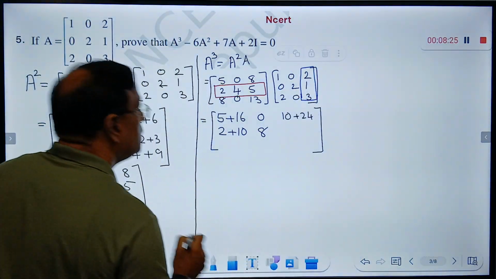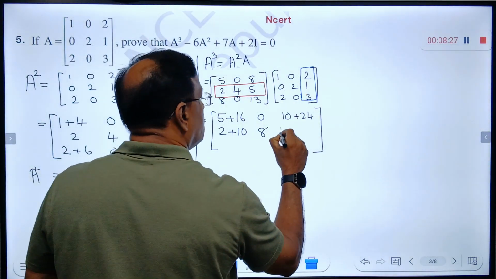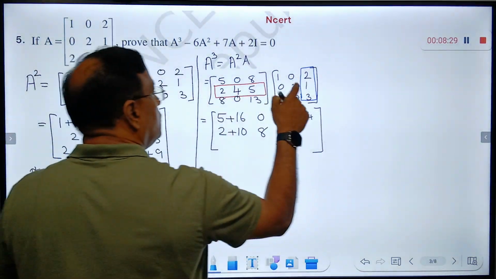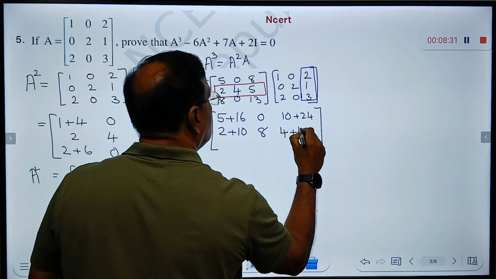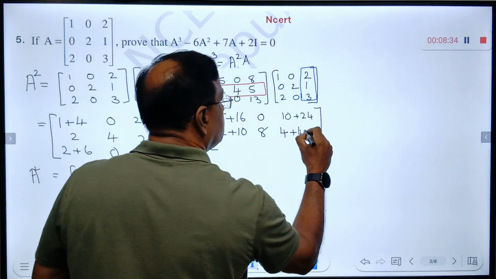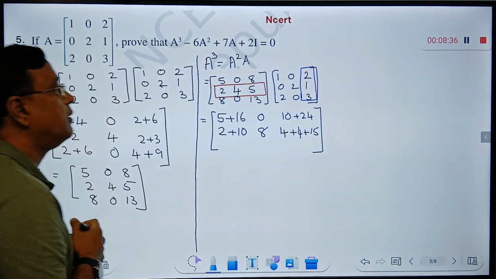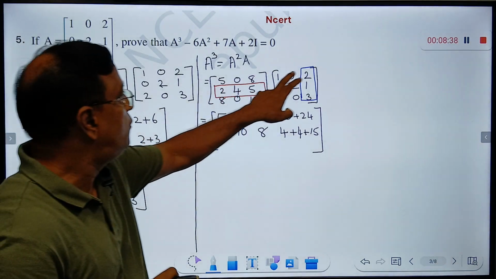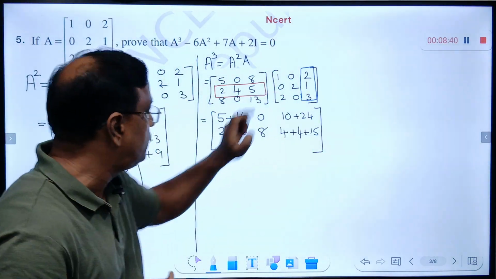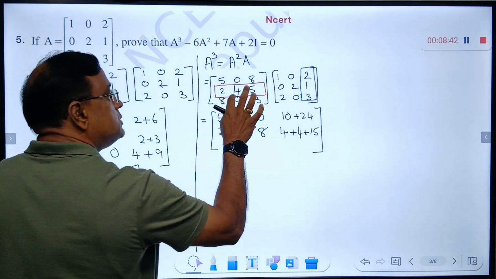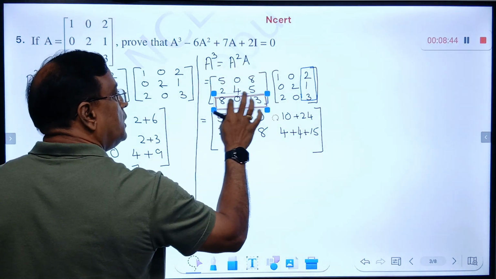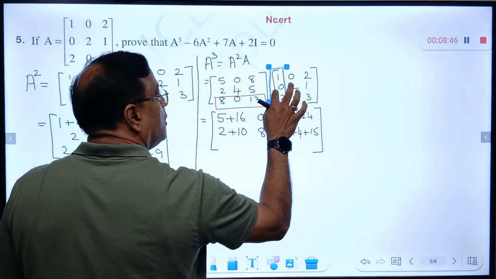Now 2 into 2 is 4, 4 into 1 is 4, 5 into 3 is 15. Change the row to row 3 and the column to column 1.